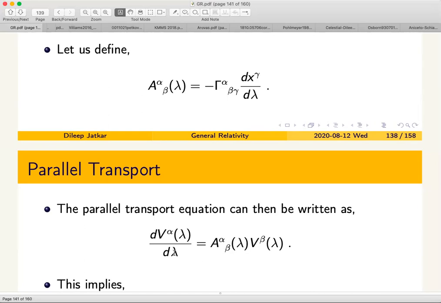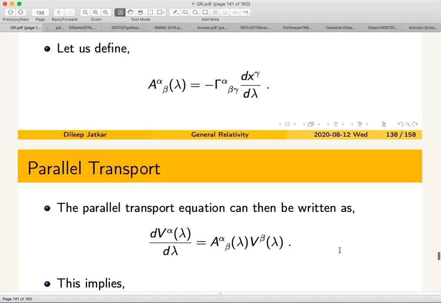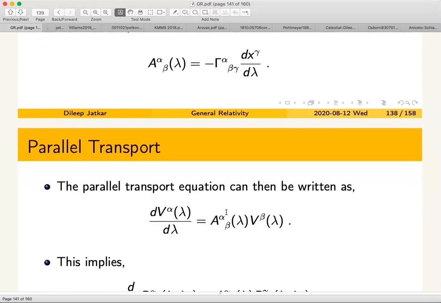It is not like you write down dv by v and integrate and say that is log v, and you do an integral of A lambda d lambda and just write that integral quantity. Although eventually the quantity is going to look similar, what you really need to do is a careful calculation of this equation to arrive at the solution.